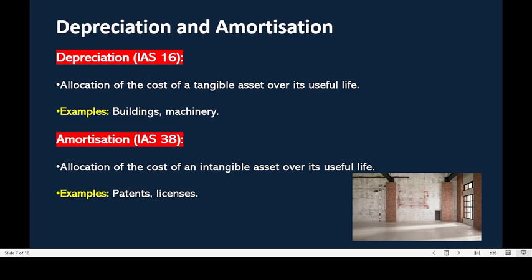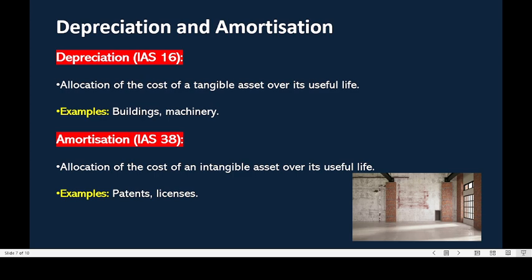Depreciation and amortisation. Depreciation and amortisation are key concepts for allocating the cost of an asset over its useful life. Depreciation, covered under IAS 16, applies to tangible assets like buildings or machinery. For instance, a machine purchased for €50,000 with a useful life of 10 years would have an annual depreciation expense of €5,000 under the straight-line method.